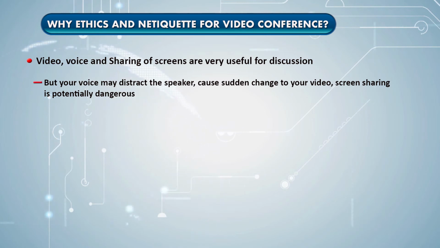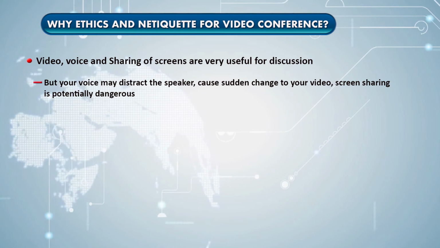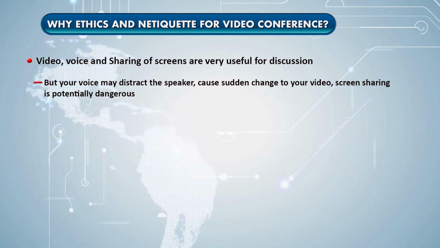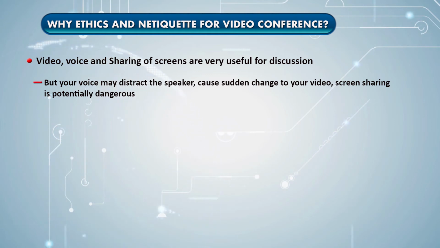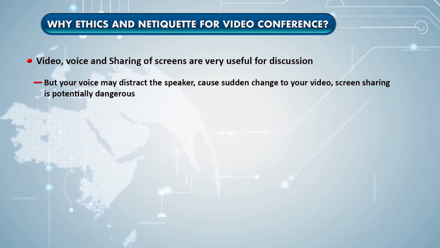Screen sharing can sometimes be dangerous, and it should be avoided to whatever extent possible. It can be done among friends, but when a teacher is presenting, others are not allowed to share their screen.